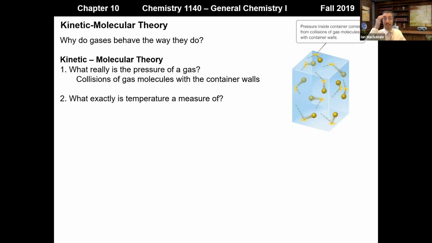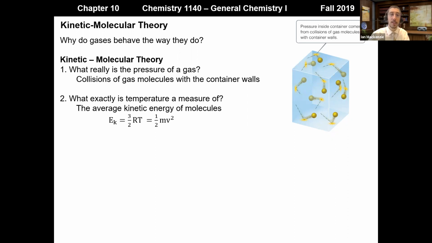What exactly is the temperature a measure of? Well, again, using that last equation, temperature is actually just a measure of the average kinetic energy of molecules. So we have that equation that relates the temperature to the kinetic energy.